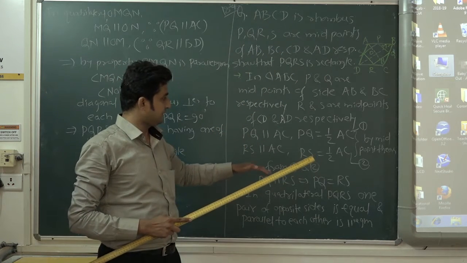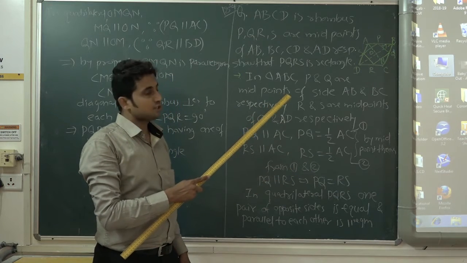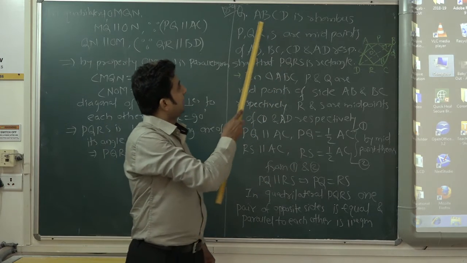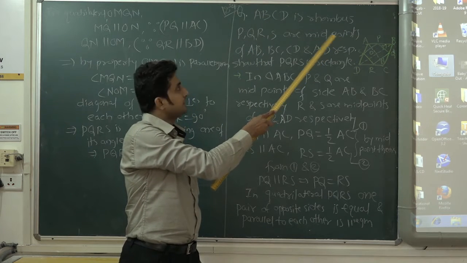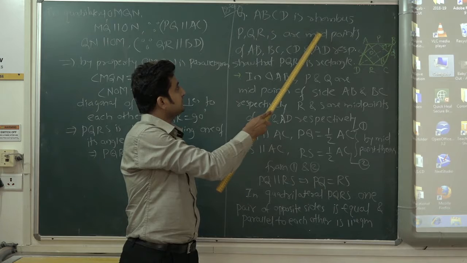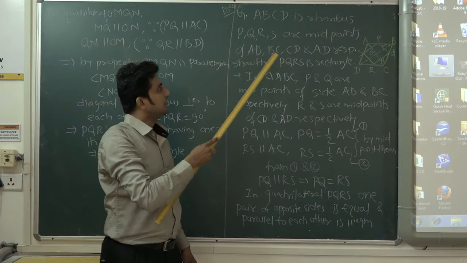Now dear students, here we have one question. It is having too much length, so please concentrate. The question is: ABCD is a rhombus.